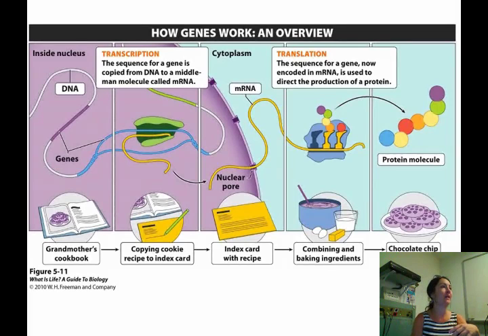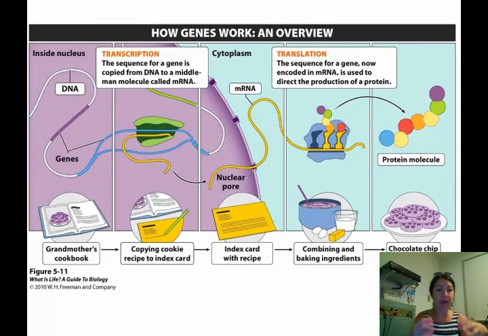This would be like if you had your grandmother's cookbook and you got out an index card and started copying one of the recipes. Say you didn't want your entire grandmother's cookbook, you just wanted one or two recipes. So you take an index card and you start writing down that recipe. Then the mRNA has to get out of the nucleus in order to get into the cytoplasm and go out and pick up those amino acids.